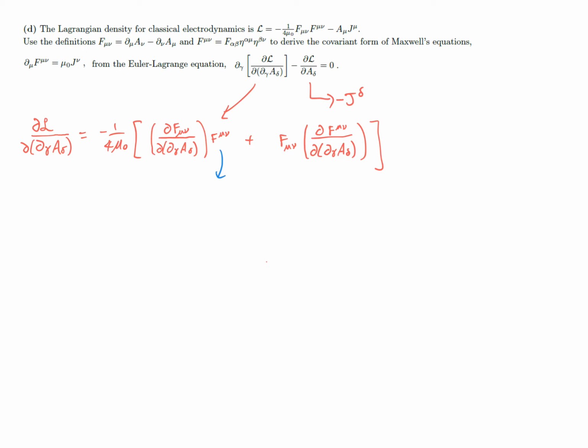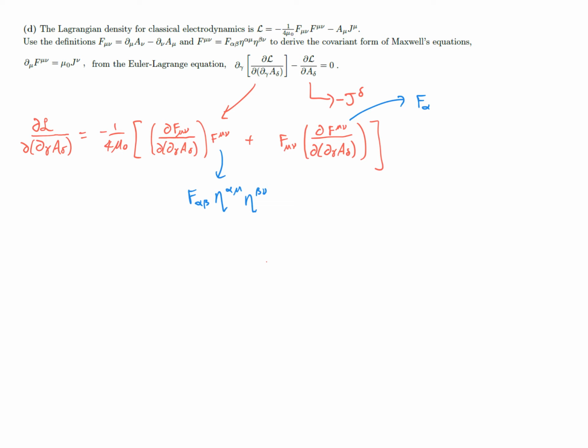We can write that this F mu nu is F alpha beta with the lower indices contracted with these metric tensors given in the first part of the question, eta alpha mu, eta beta nu, and that goes for this one as well, sitting inside here.